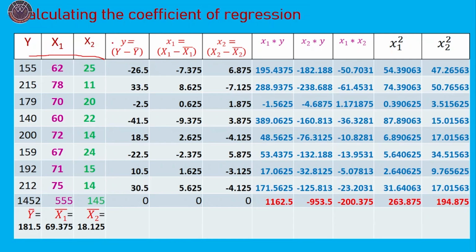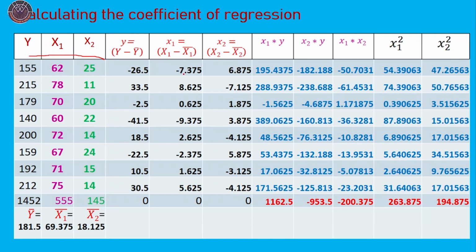Now, as I told, what is the meaning of small y? Small y is y minus y bar. For each y, we subtract its mean and we get y minus y bar. Suppose for the second value it is 215 minus 181.5, and you get 33.5. Similarly all the values are obtained, and if you add them, you will get 0. Similarly for small x1, it is x1 minus x1 bar.